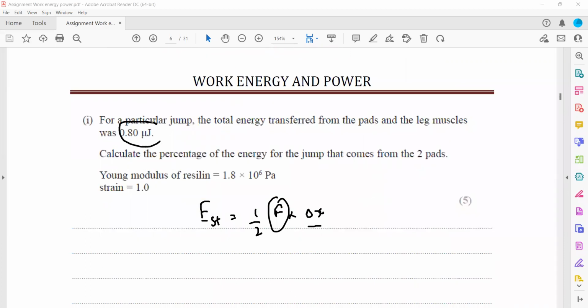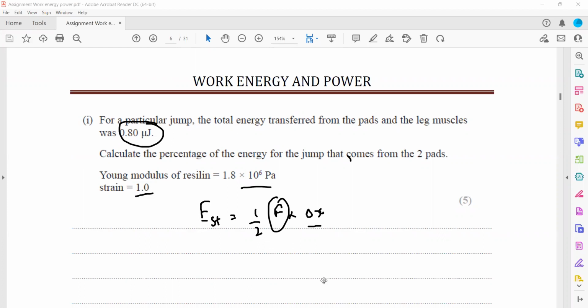But not all of that total energy is converted to elastic strain energy, so we'll find what percentage is converted. The main thing is, first we have to find the elastic strain energy in the legs, so half force into extension. We have the stress here, that's given. The strain is also given, that is 1.